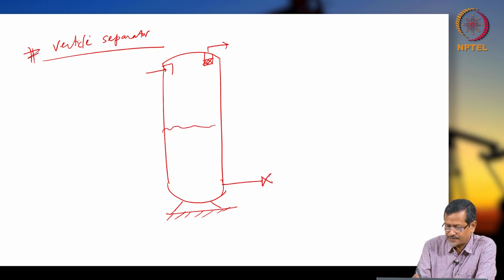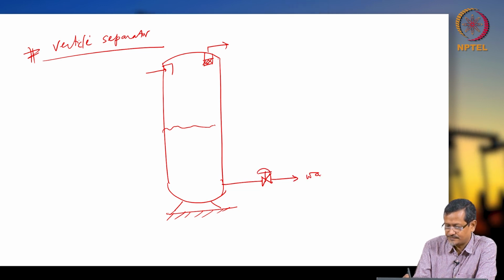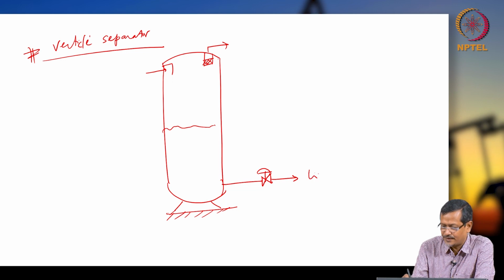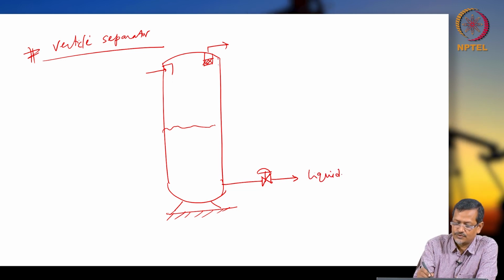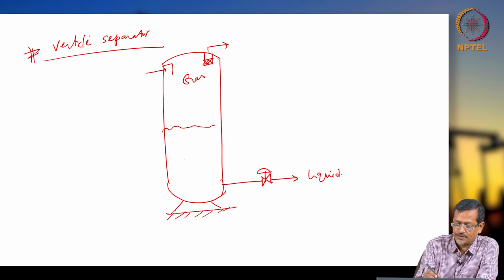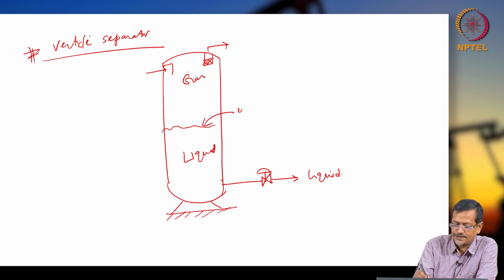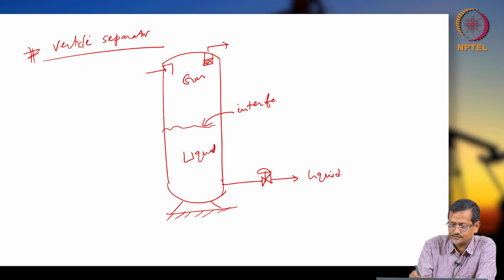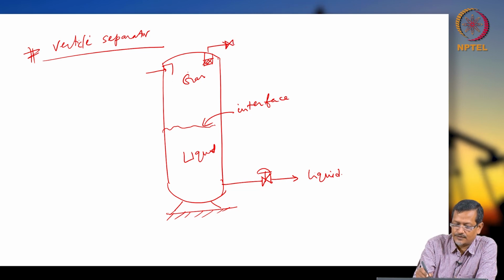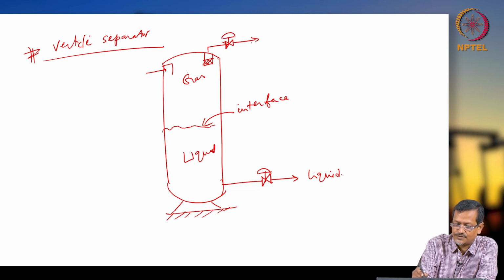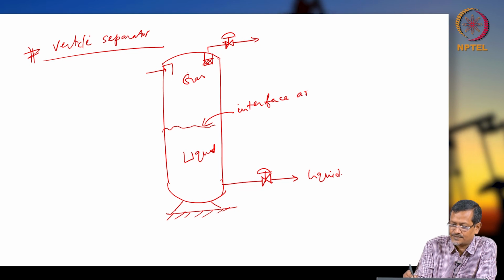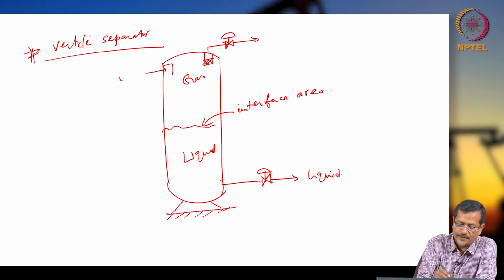Water is going out through a control valve, water, or I can say liquid, and here also I can put the gas word. This is liquid, this is interface area, and here I should put one control system, interface area, inlet.